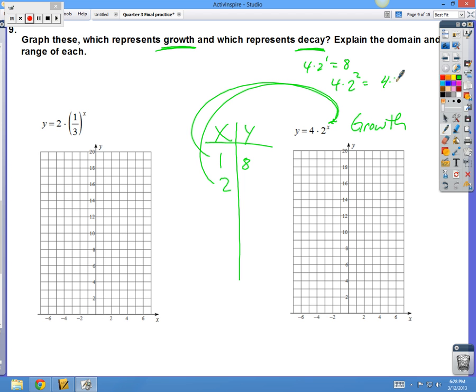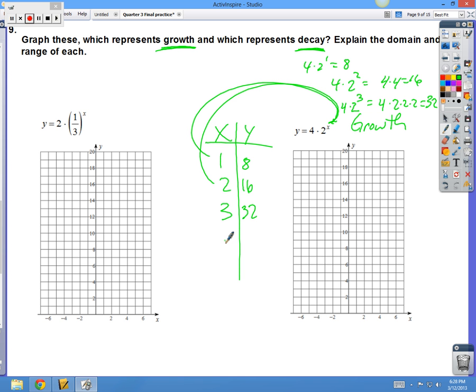That's the same as 4 times 4, and that is 16. So the further we go with our numbers, the bigger they're going to get. So 8 turned into a 16. 3, that is going to be 4 times 2 cubed. So that's 4 times 2 times 2 times 2. That's 4 times 8, and that's 32.